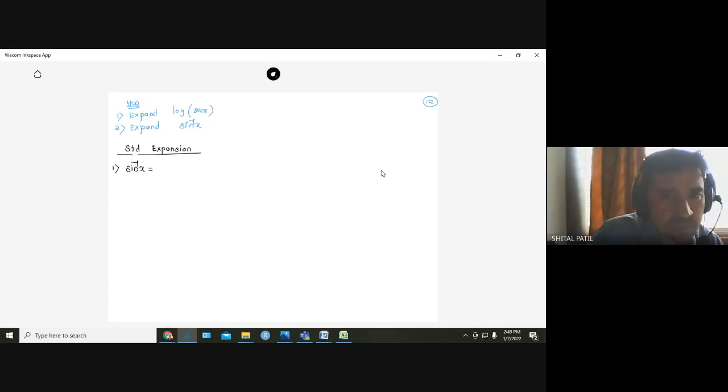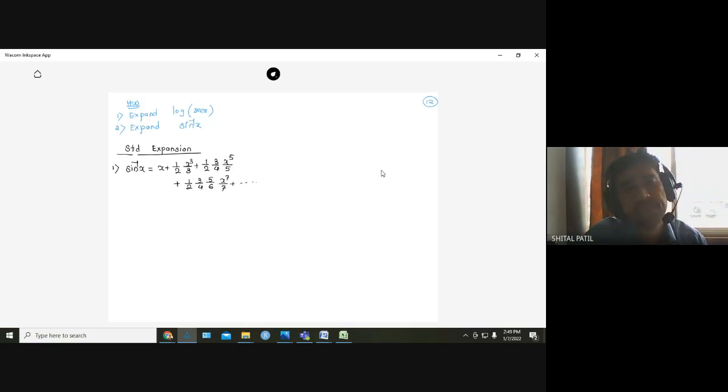The question is asked above and the answer is written here: x plus 1 upon 2 x cube divided by 3, plus 1, 3 upon 2, 4 x raised to 5 divided by 5, plus 1, 3, 5 upon 2, 4, 6 x raised to 7 divided by 7, and so on.